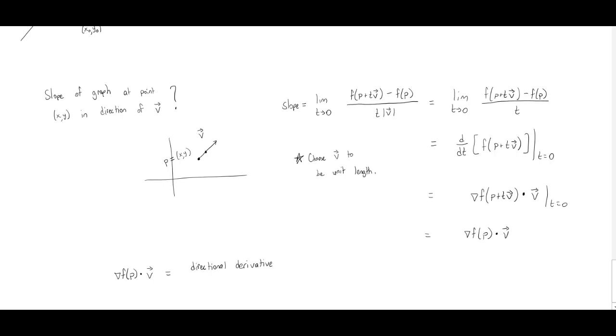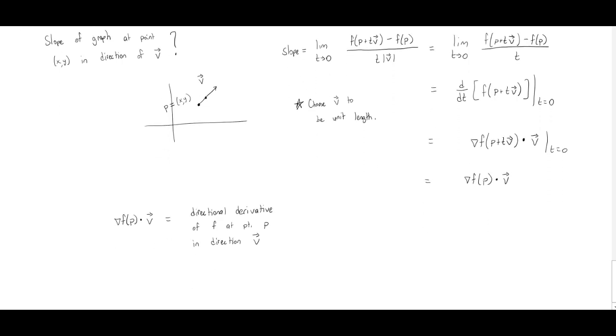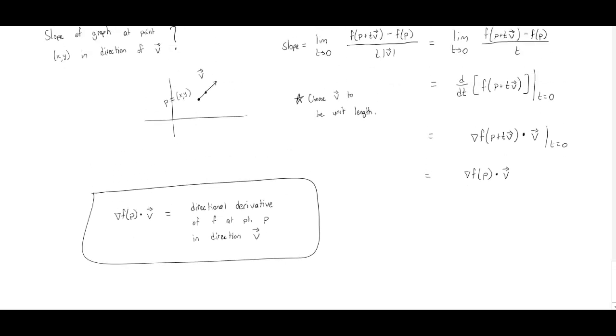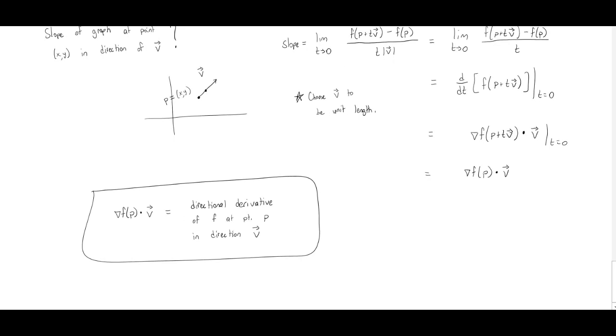So specifically, this is the directional derivative of the function f at the point P and in the direction of the vector v, okay? And so it's supposed to represent the slope.